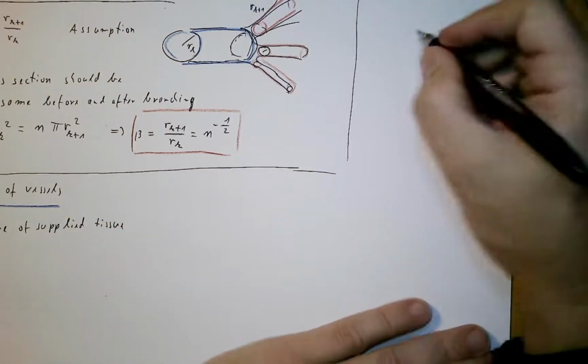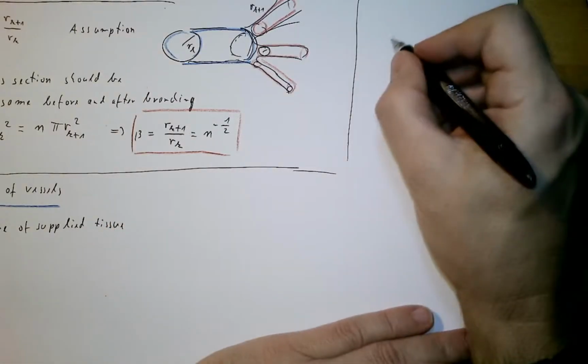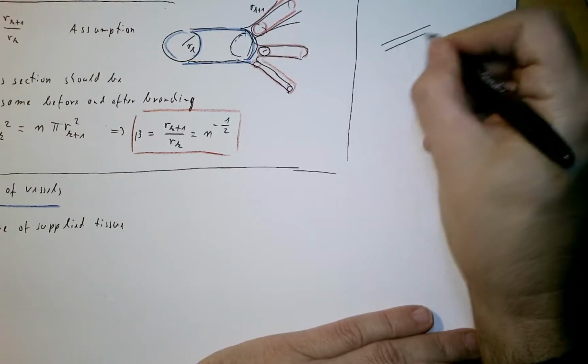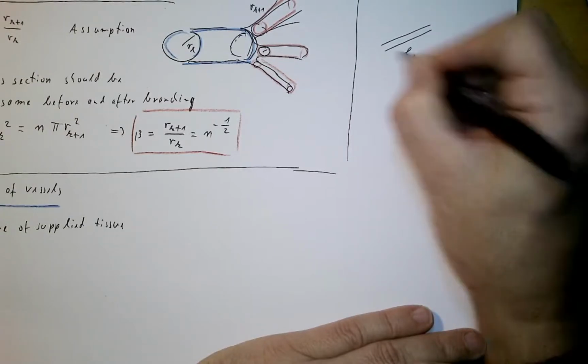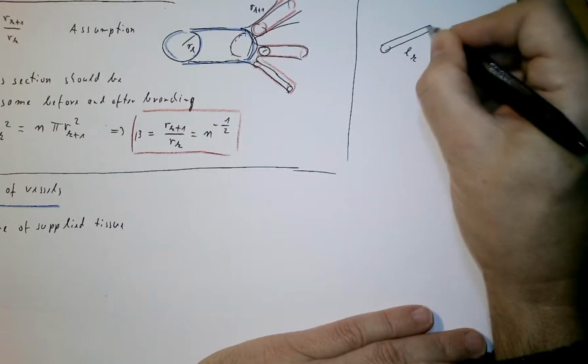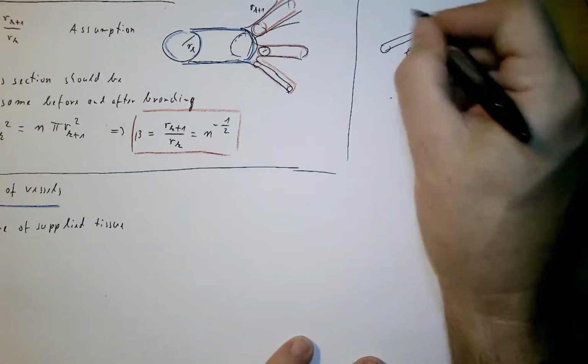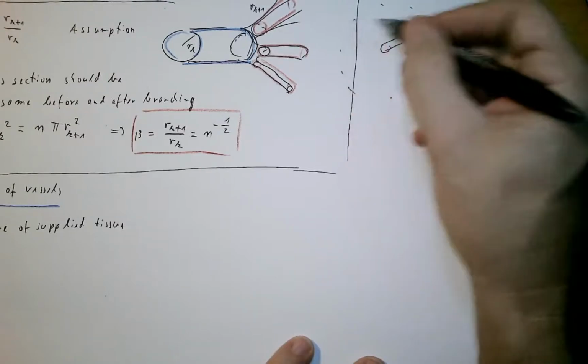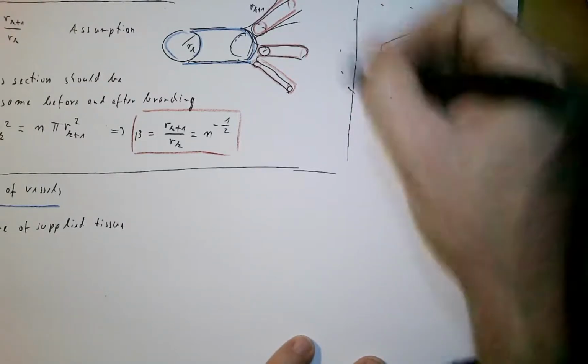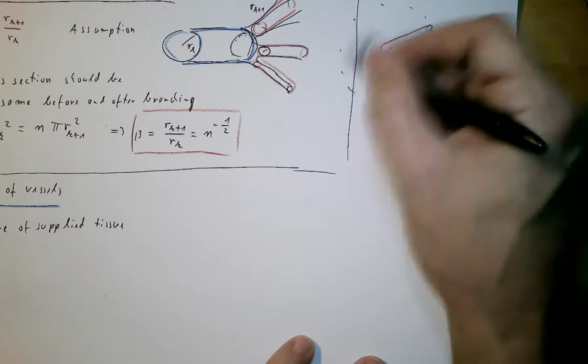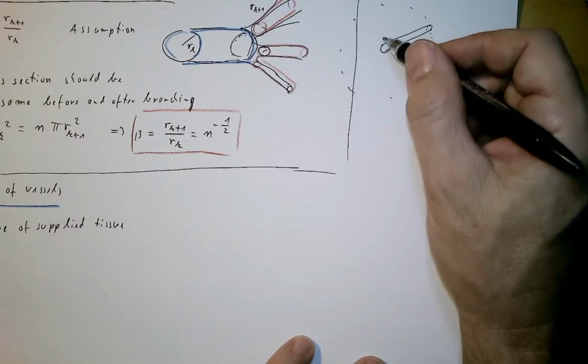So the idea is, if we have here a vessel which has a certain length L_k, then this can support a certain volume here or around this vessel.